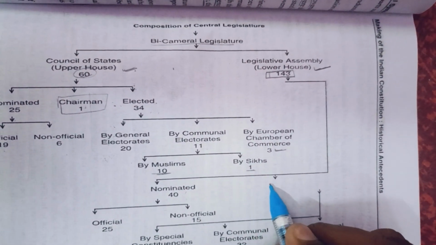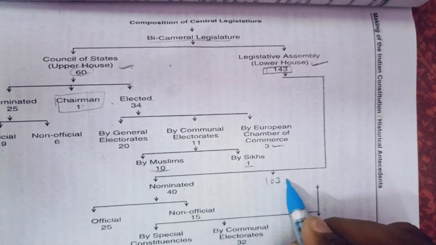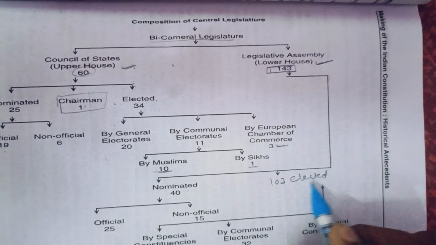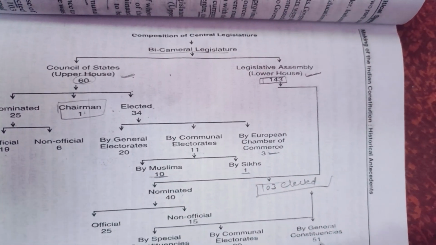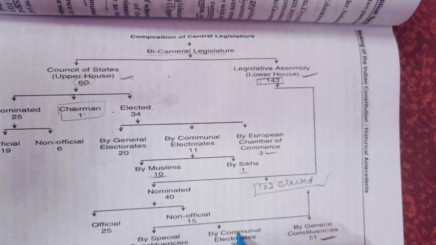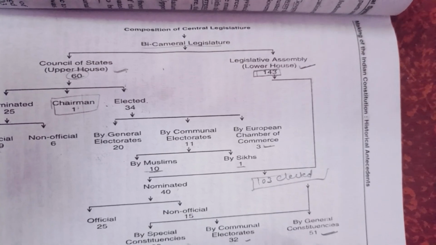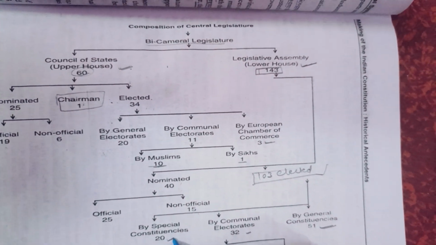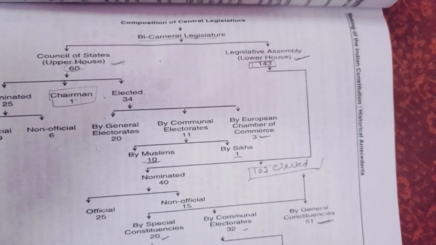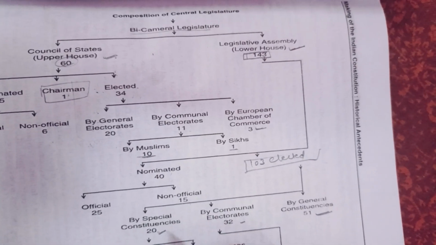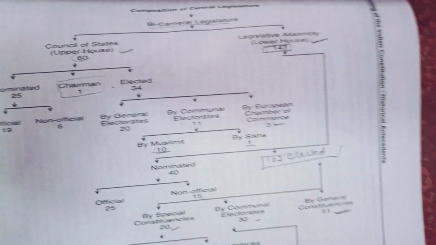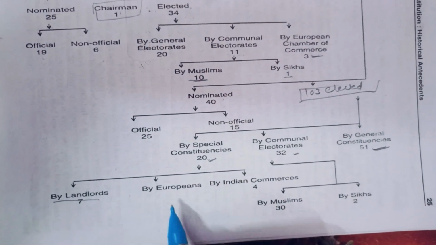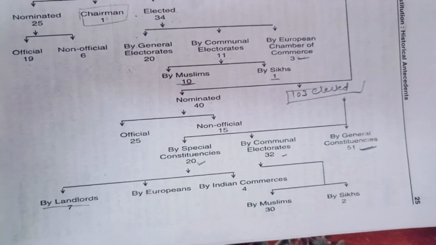Here the point has missed that 103 used to be elected. So of the elected members, by general constituency 51 members were elected, by communal electorate 32 members were elected, and by special constituency 20 members were elected. Special constituencies means constituencies consisting of landlords, European members, and Indian commerce.